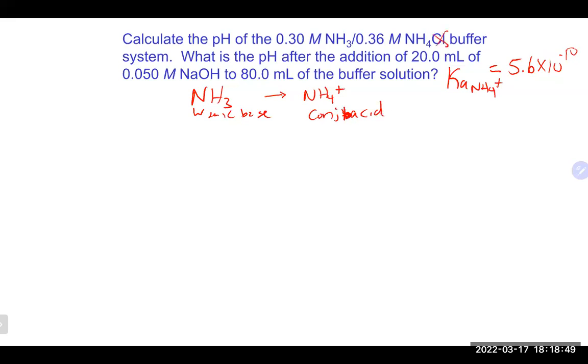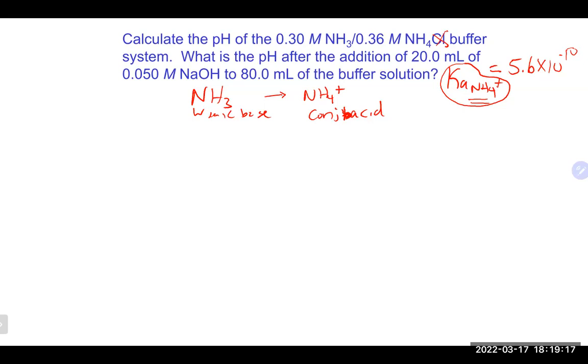It is actually the NH4+ that is the buffer part of it. We can find a Ka value on the table, which was given to us. So if you weren't sure, you should know that this one obviously is the acid part of the buffer. Even if you didn't know that NH3 was a weak base, you could probably make an educated guess that that is the base part, since the Ka value goes with the acid.